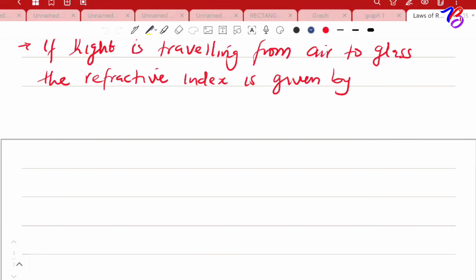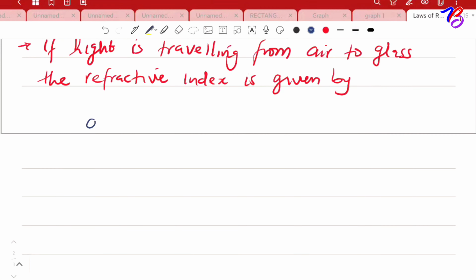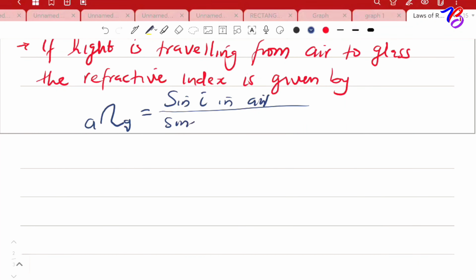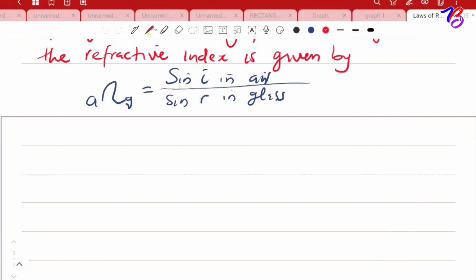Of course, you know the default formula: n from air to glass is equal to sine i in air, all divided by sine r in glass. Are you following? So the A to G means from air to glass, the refractive index.